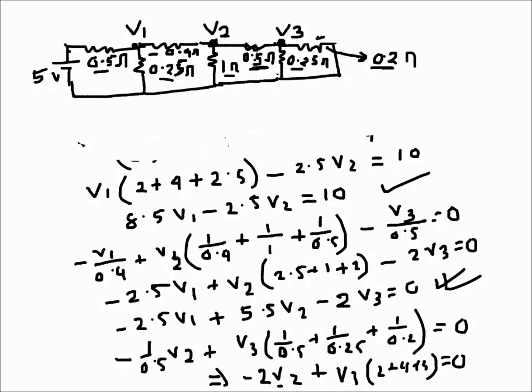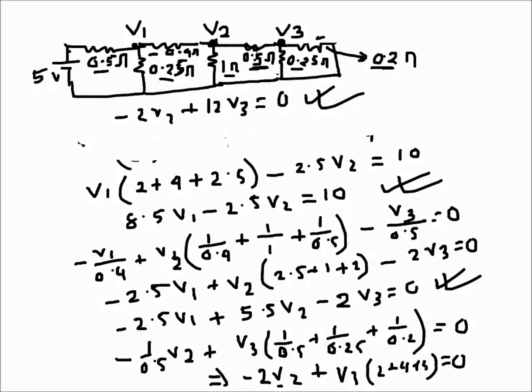So this is the third equation: minus 2 V2 plus 11 V3 equals 0. That's the third one. So these are the three KCL equations at three nodes.